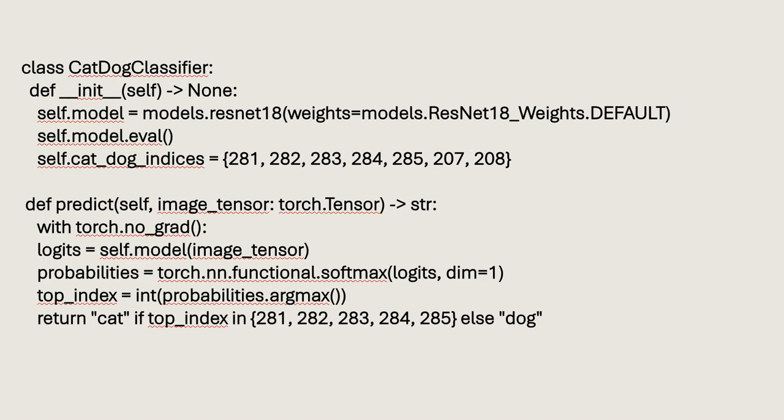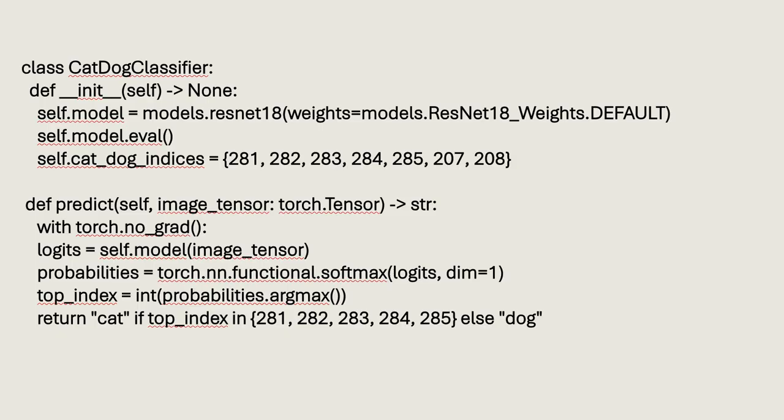For example, 281 to 285 are different cat breeds, and 207 to 208 are dog breeds. That's why we are taking the cat and dog indices, which come from ResNet 18.